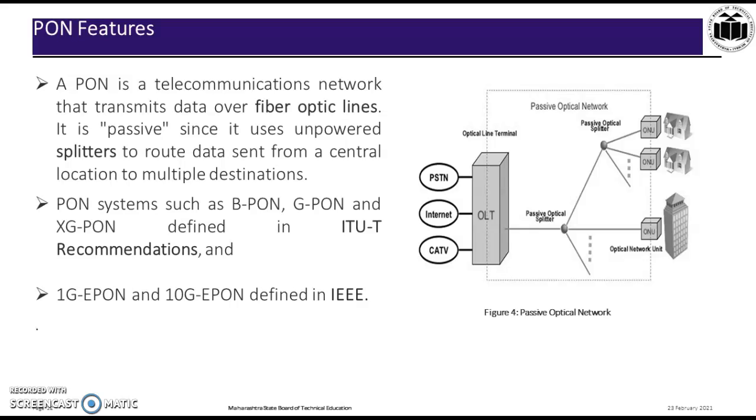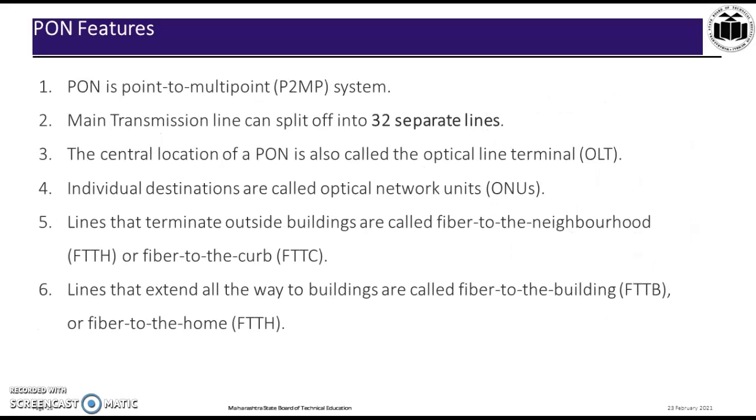To the OLT come the signals from the PSTN, internet, and cable TV, and from the OLT the signals are distributed through splitters and then transmitted to the various ONUs. The PON systems such as BPON, GPON, XGPON are defined in ITU-T recommendations, and 1G EPON and 10G EPON are defined in the IEEE standard.